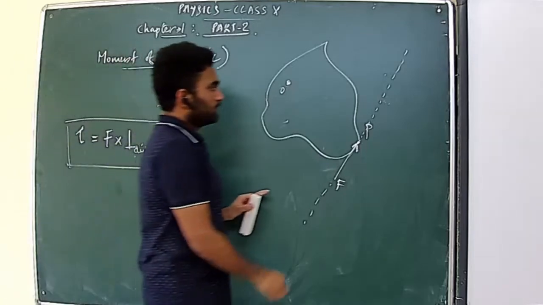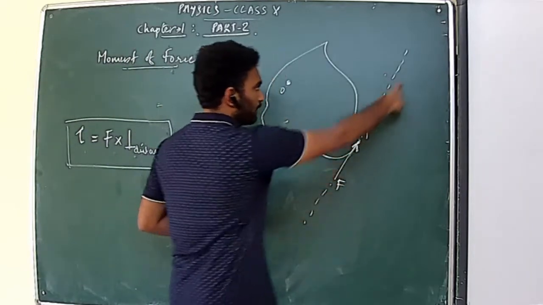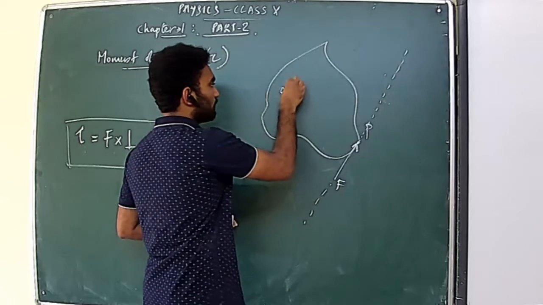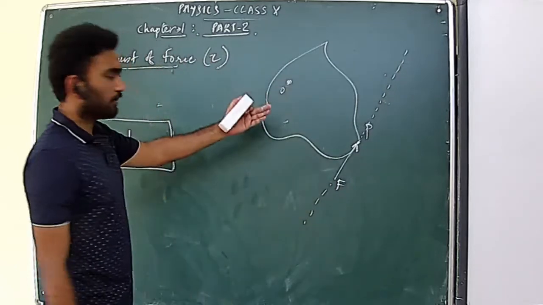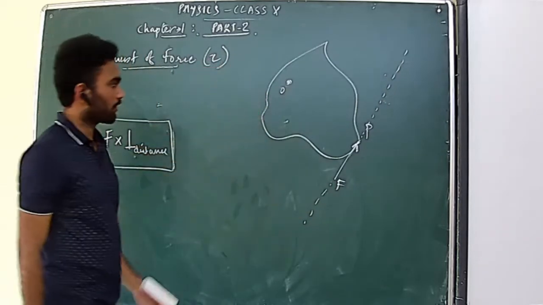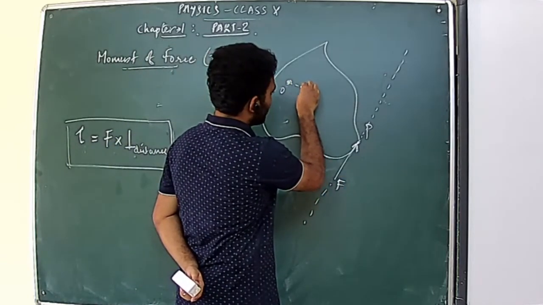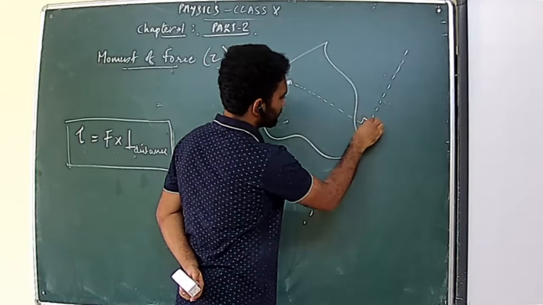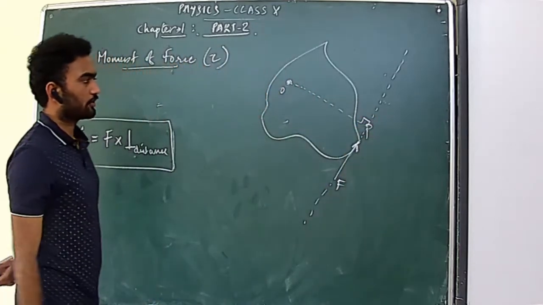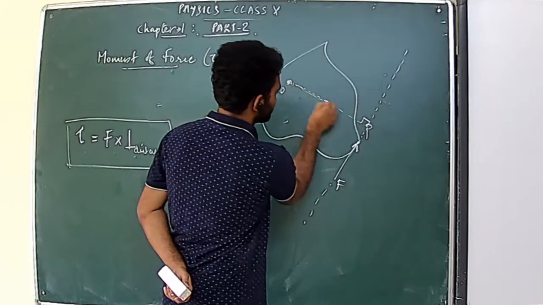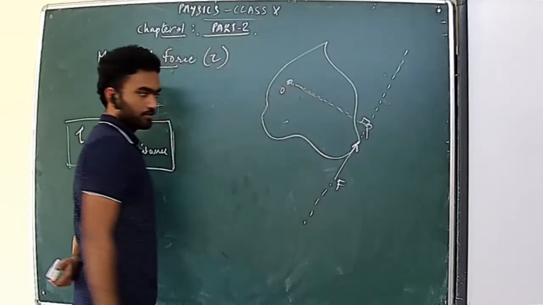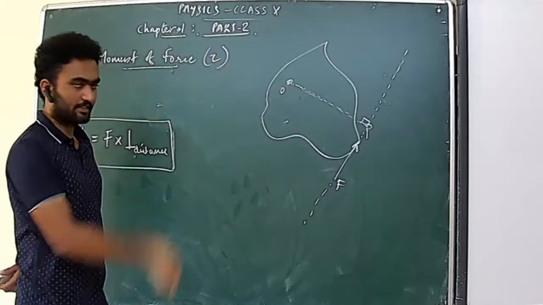Here, this is the line of action of force, and this is our center, the point of axis through which the body is rotating. So the perpendicular distance is between the line of action of force and our turning point, or the axis through which the body is rotating. Clear?